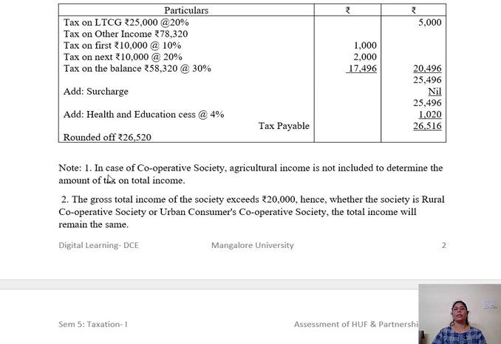So let us see the note. In case of a cooperative society, agricultural income is not included to determine the amount of tax on total income. The gross total income of the society exceeds 20,000. Hence, whether the society is a rural cooperative society or an urban consumers cooperative society, the total income will remain the same.